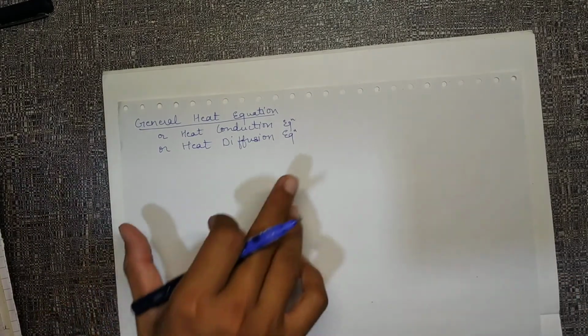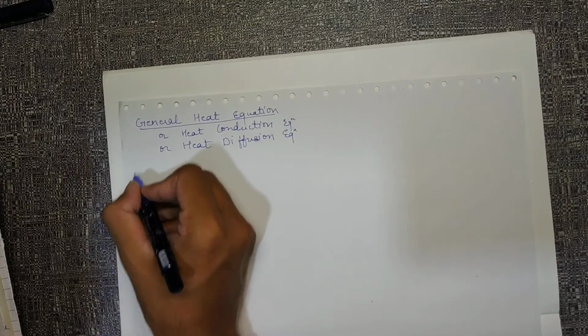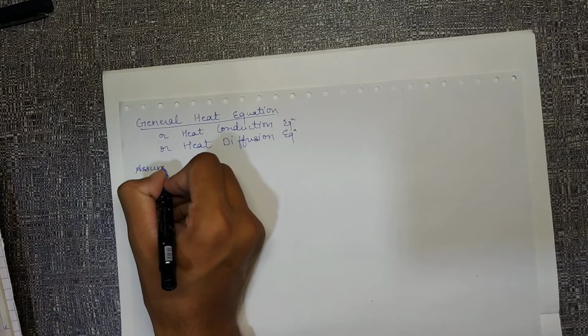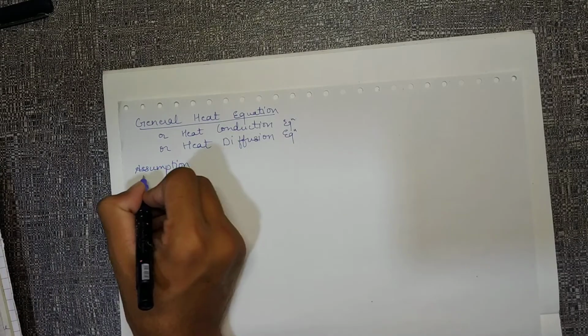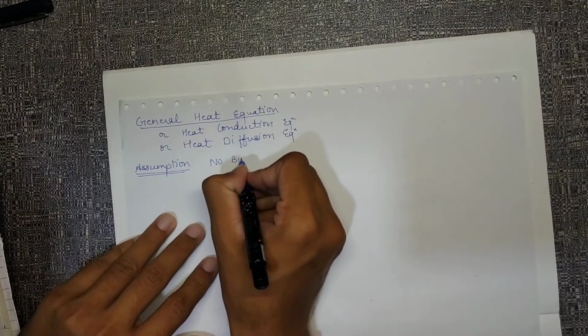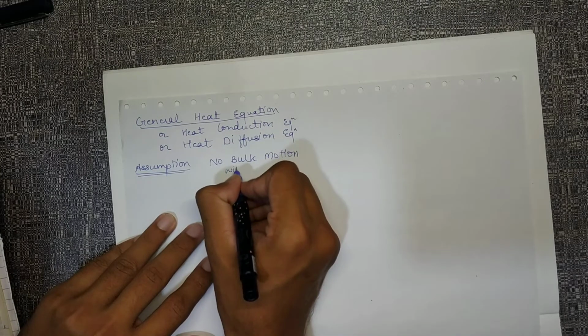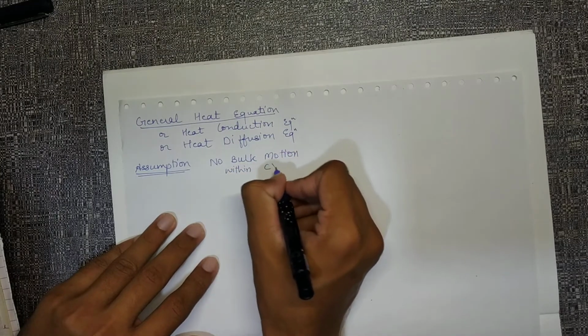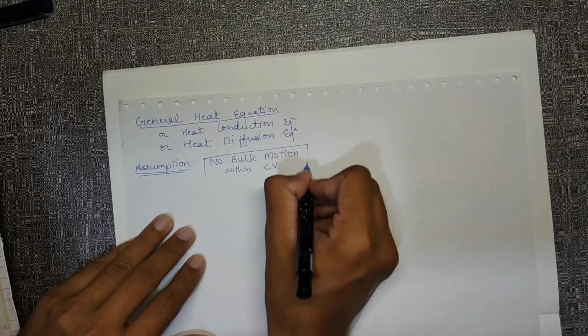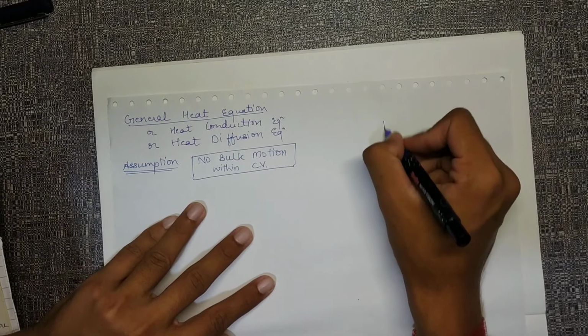So for deriving the equation, the first basic assumption is we are assuming that there is no bulk motion within the control volume. So let's make a control volume.